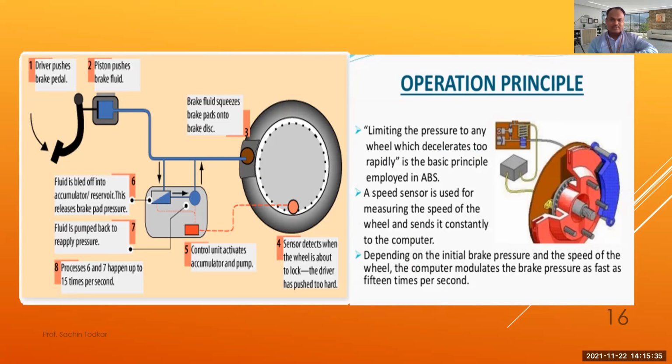Depending on the initial brake pressure and the speed of the wheel, the computer modulates the brake pressure as fast as 15 times per second. So 1 divided by 15 is the response time of that feedback system. That's why your vehicle will not skid. It will have some release in pressure and the wheel will rotate.